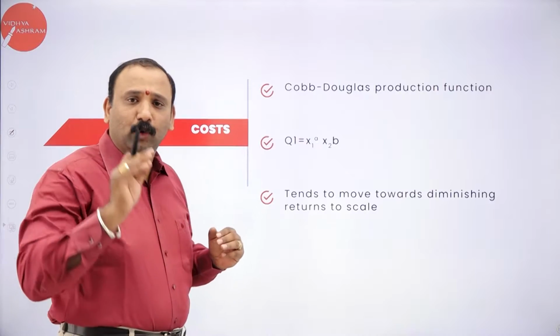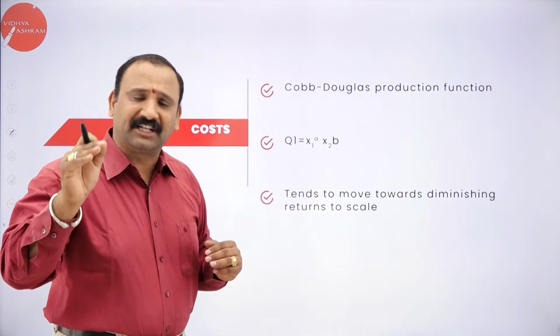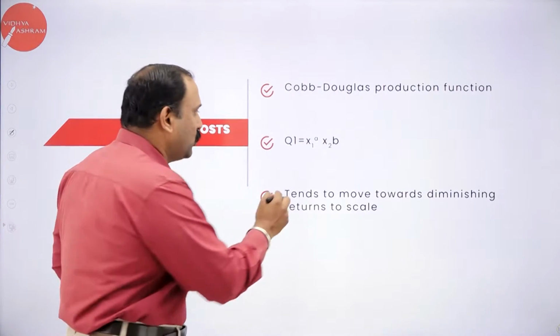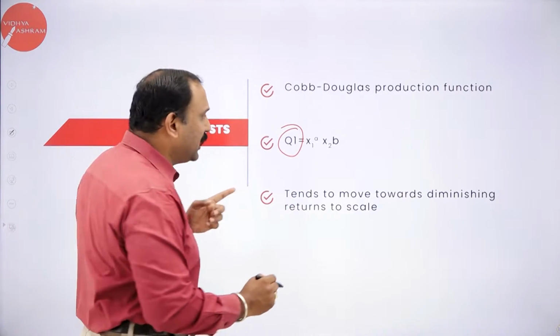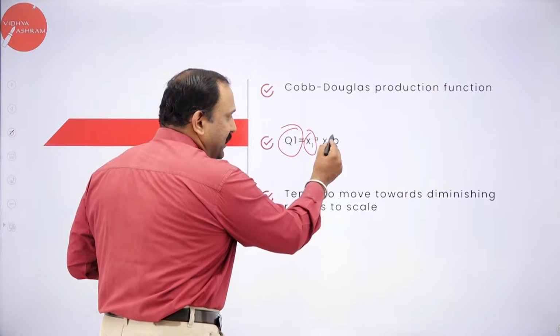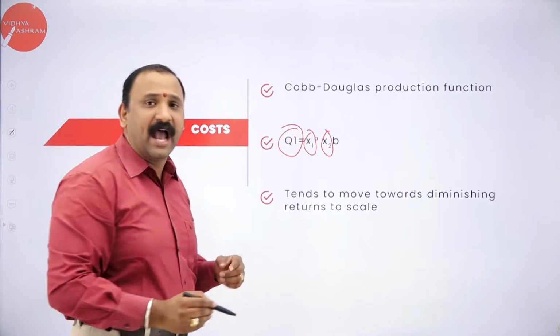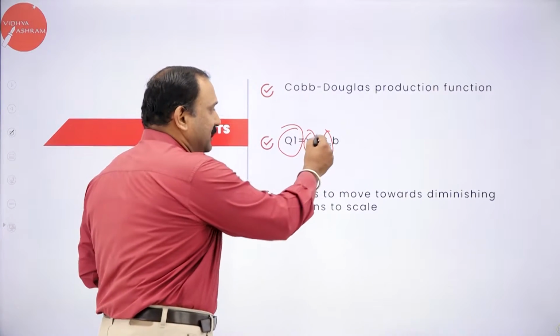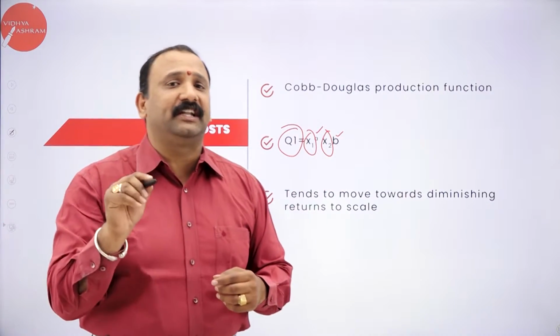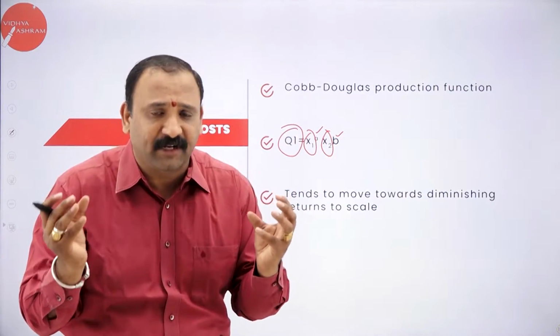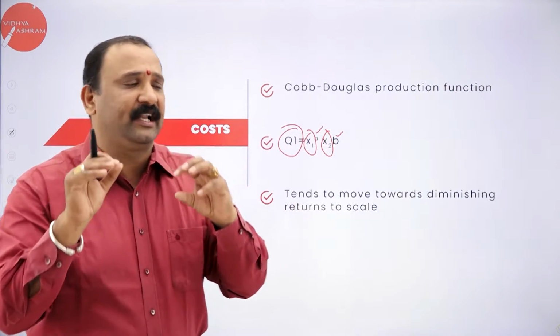It says that to manufacture a quantity Q1, it equals two factors, variables x1, x2, and there are two variable factors to that, that is A and B. To manufacture anything, there are several variable factors that are included.